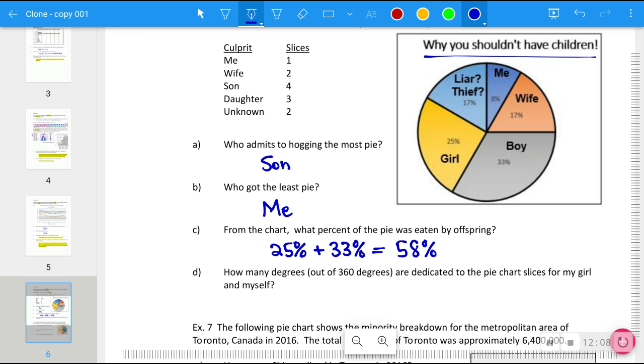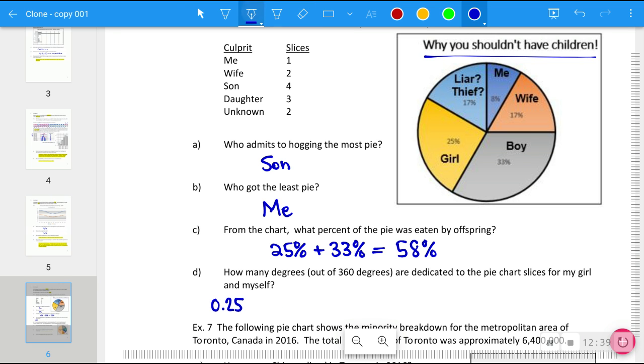Okay, how many degrees out of 360 possible are dedicated to my girl and myself? Okay, so you're going to take 25%, that's my daughter's percentage there, times 12, and that would be, I'm sorry, 12 would be the number of slices.